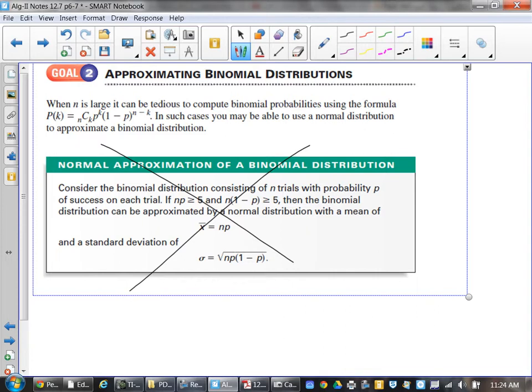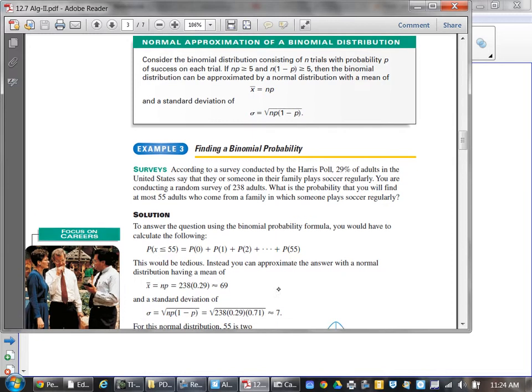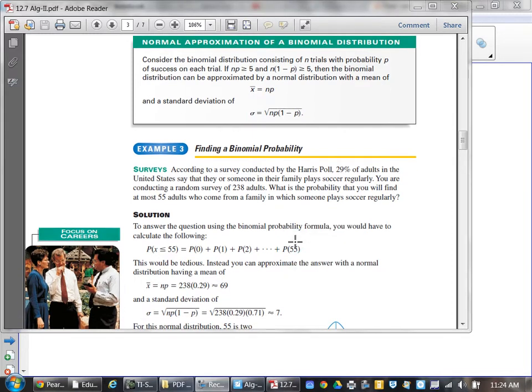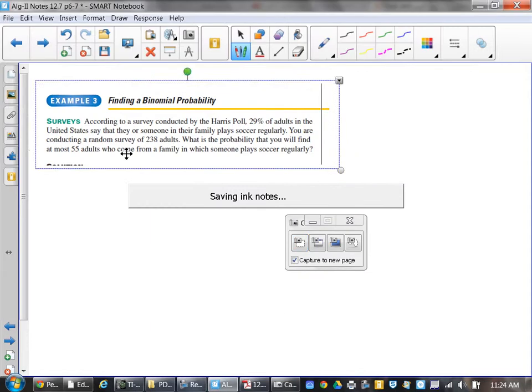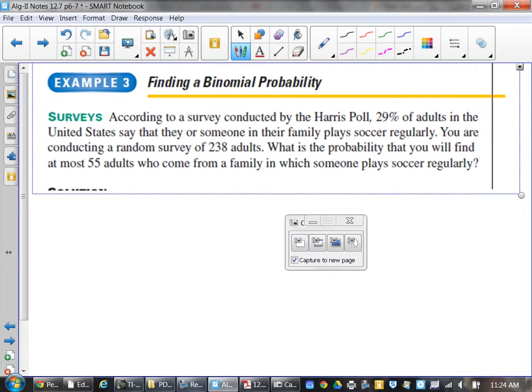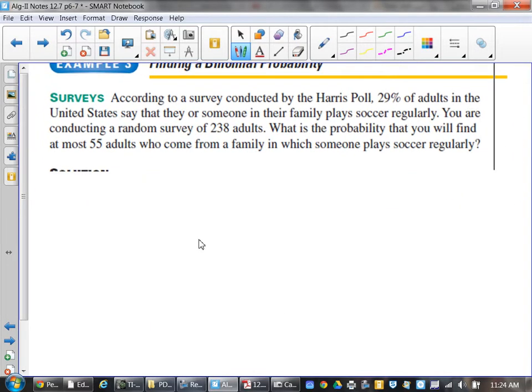When you have a set like this, and they're talking about a poll that was done, 29% of people know somebody or play soccer themselves.